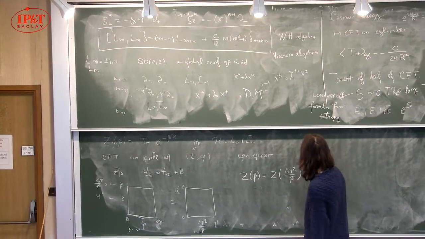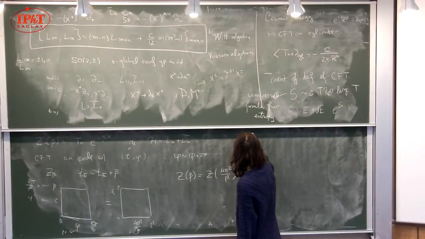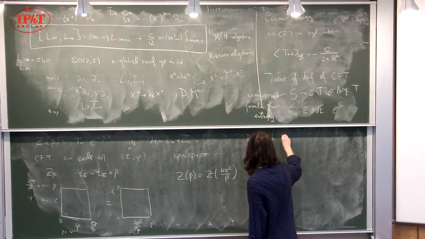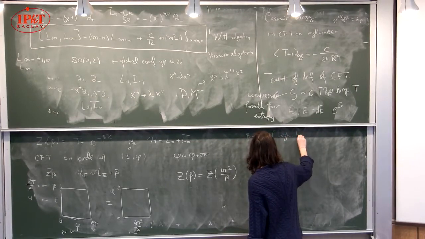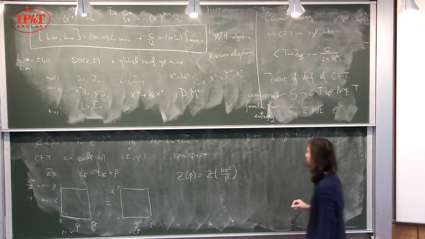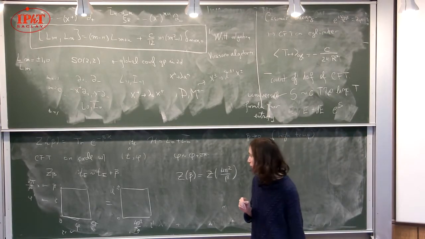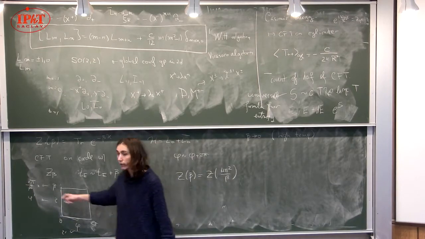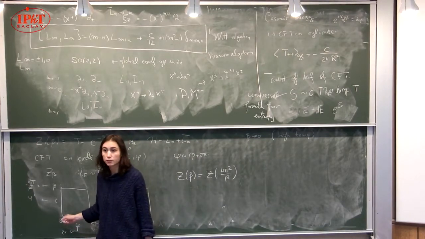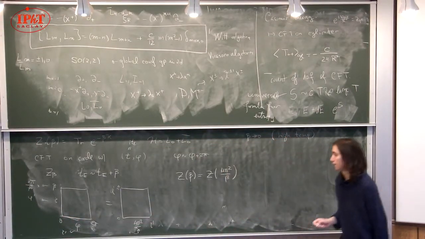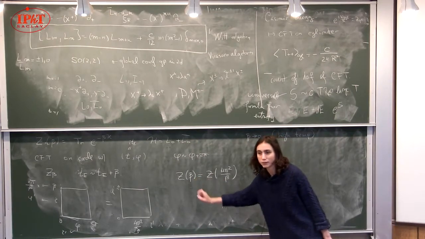So now we're interested in beta goes to 0. So this is high temperature. Because I had to rescale the coordinates, and I cannot do that unless the action is invariant. So it's very important that that's conformal.